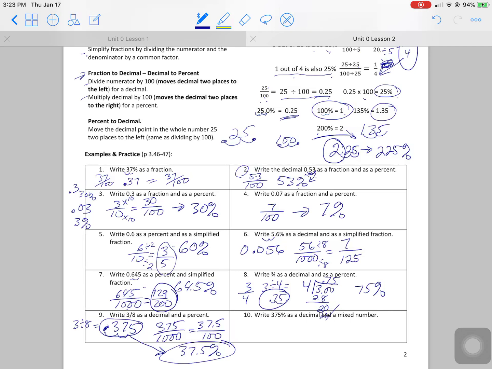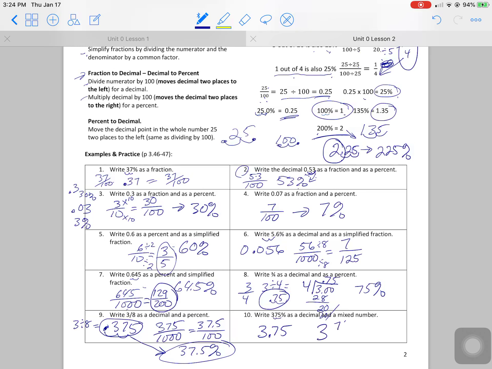All right, if we have 375% as a decimal, move it 2 places, that's 3.75. Remember, 100% is 1, 200% is 2, 300% is 3. 3.75 as a decimal number and a mixed number.